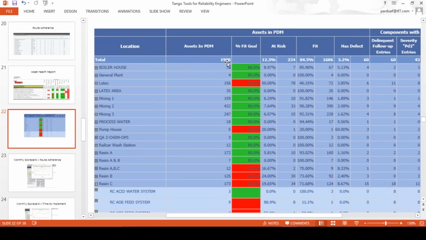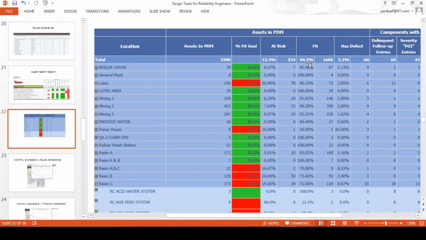For example, in the whole plant, there's 1,900 assets. These aren't components; these are assets, one level up from components. There's 1,900 assets in the program. 12.3% of them are at risk. 84.5% are fit. Fit means that they've been assessed as measured, no problem, so they're normal.